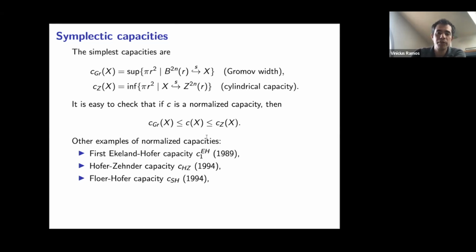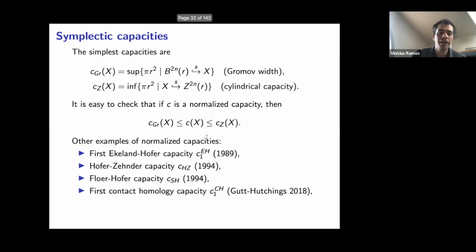Then there's the Floer-Hofer capacity, which came out in '94, which uses symplectic homology. And much later, Gutt and Hutchings defined capacities using positive S1-equivariant symplectic homology, which we call contact homology. So the first one is normalized.